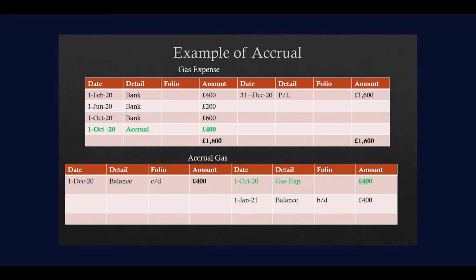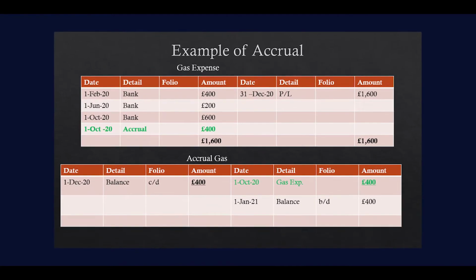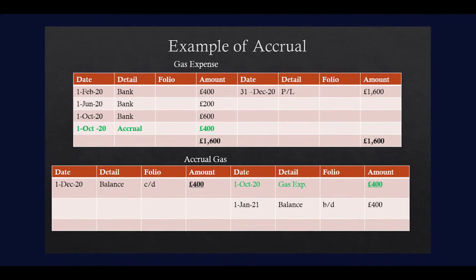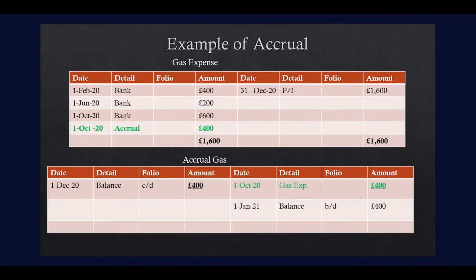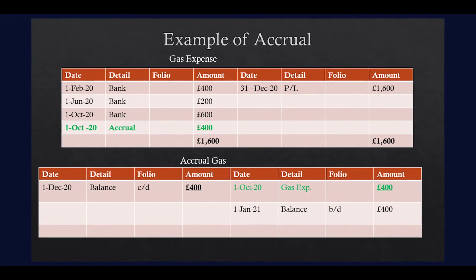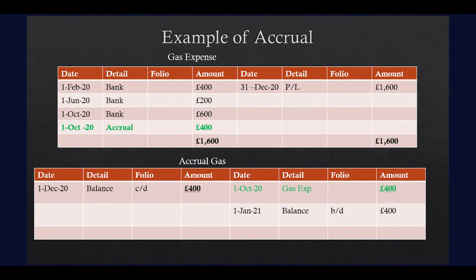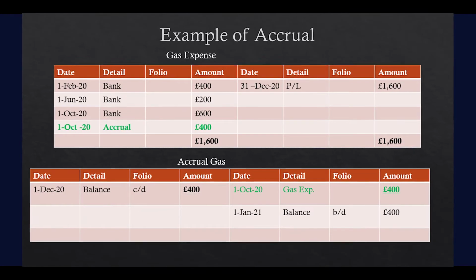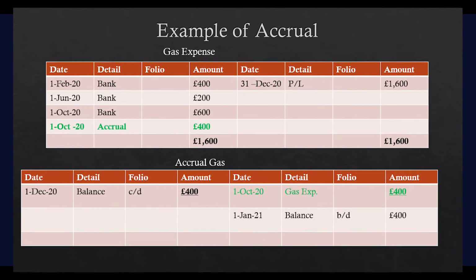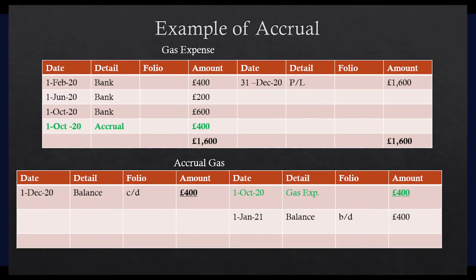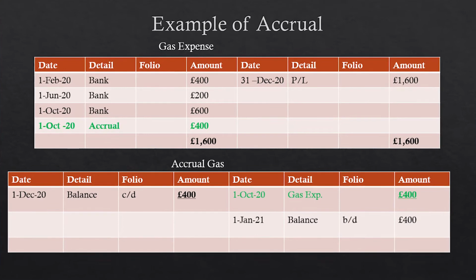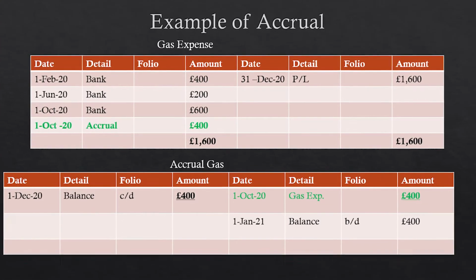So let's look at the ledger of it. We don't have any balance coming from the previous period, so we don't have anything to consider there. But let's say on the 1st of February, the bank payment was 400. 1st of June, bank payment 200. 1st of October, bank payment 600. But we know what needs to be paid is 1,600. So what is due for the period is 1,600, and there is a shortfall of 400, which we consider to be accrual.